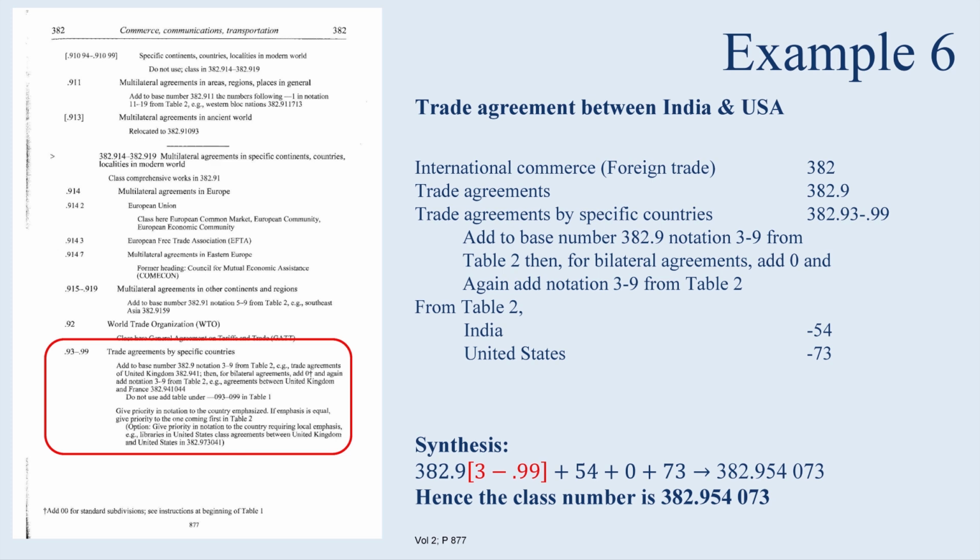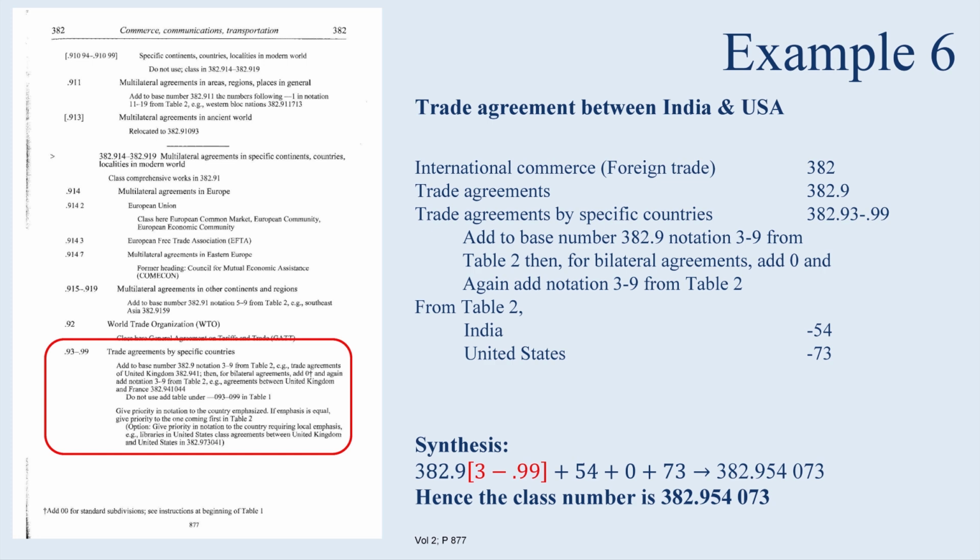Again, there is a range of numbers, that is 382.93 to 382.99, for trade agreements by specific countries. There, the instruction says to add to the base number 382.9 notation 329 from table 2.